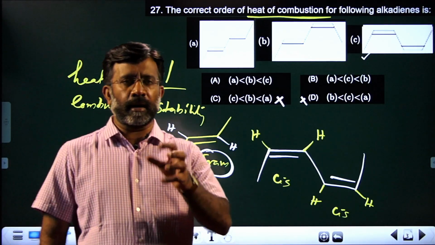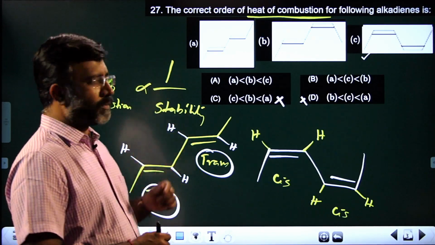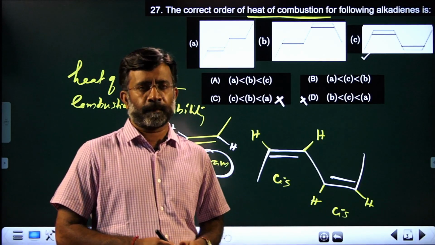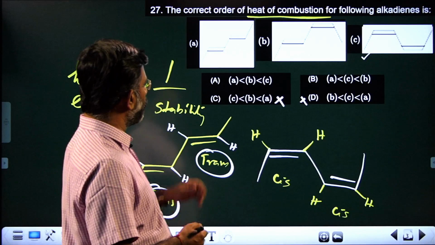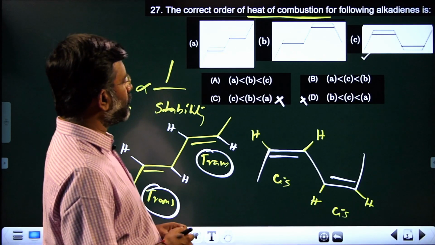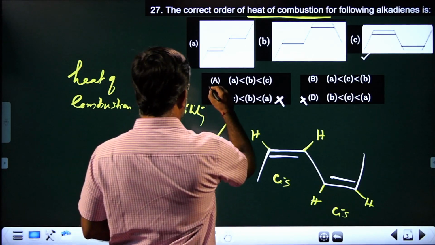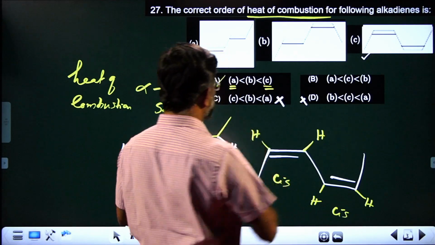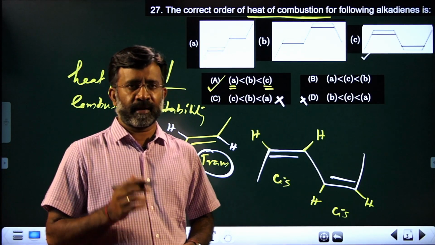So among the alkadienes given, the first compound is both trans and the last compound is both cis. So the minimum heat of combustion will be for this one and the maximum for that one, and the correct answer is A minimum, C maximum. That is the correct answer. Right? Next question.